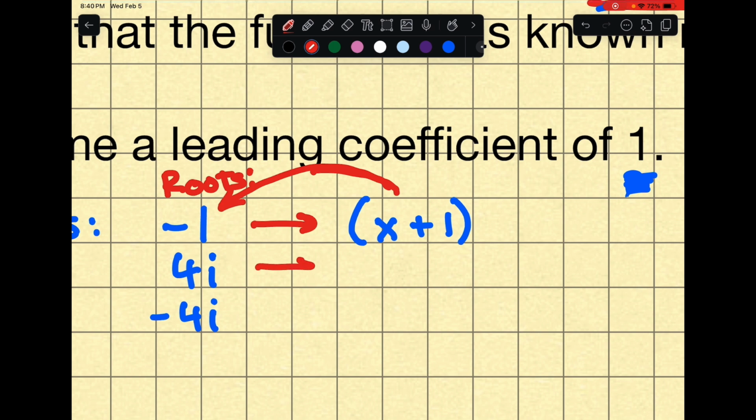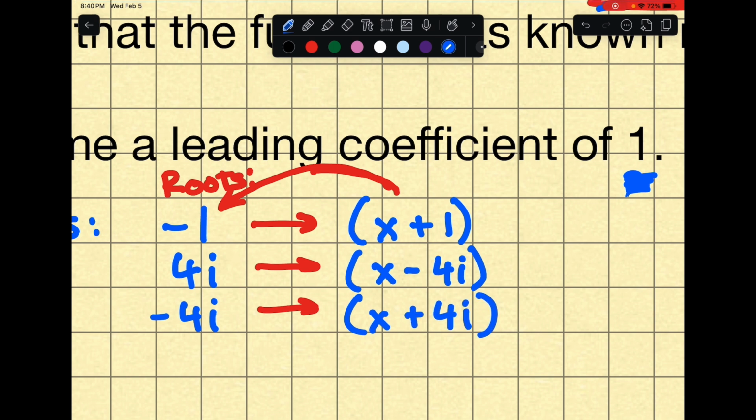Okay? Then we do the same thing down here. If we have a root of 4i, then the factor must be x minus 4i. Okay, it's x minus the root. The factor is x minus the root. Down here, if we have a root of negative 4i, then the factor must be x plus 4i.